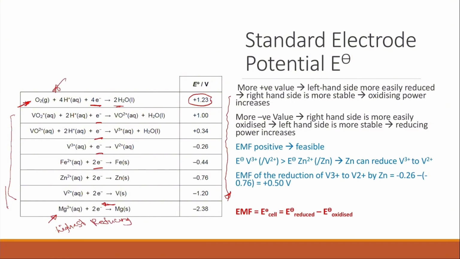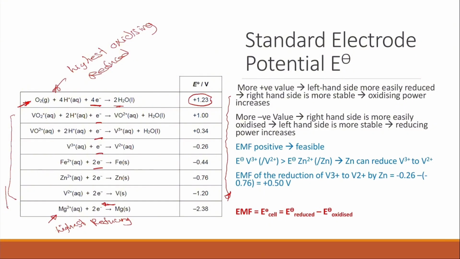And those at the top with the highest positive values are the highest oxidizing agents, so they will be mostly reduced. Remember that the thing that is reduced is the oxidizing agent. The thing that is oxidized is the reducing agent.